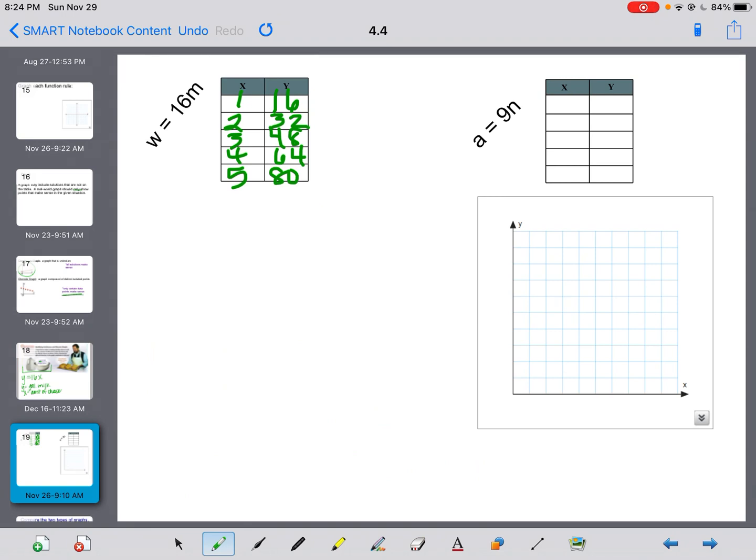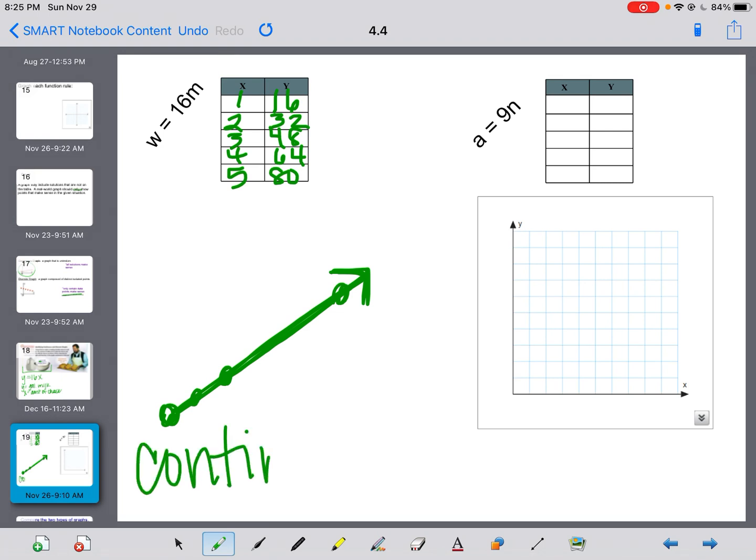So that means that when I graph this, I'm going to get a straight line that goes up, and I'm going to connect it because every point along the way is possible. I could have 0 milk, 0 cheese. I could use half a gallon. I could use a whole gallon. I could use 17 gallons. Who knows? But all along the way, I could use any fraction of a gallon of milk, and it would still make me some cheese. So this one is called a continuous graph.